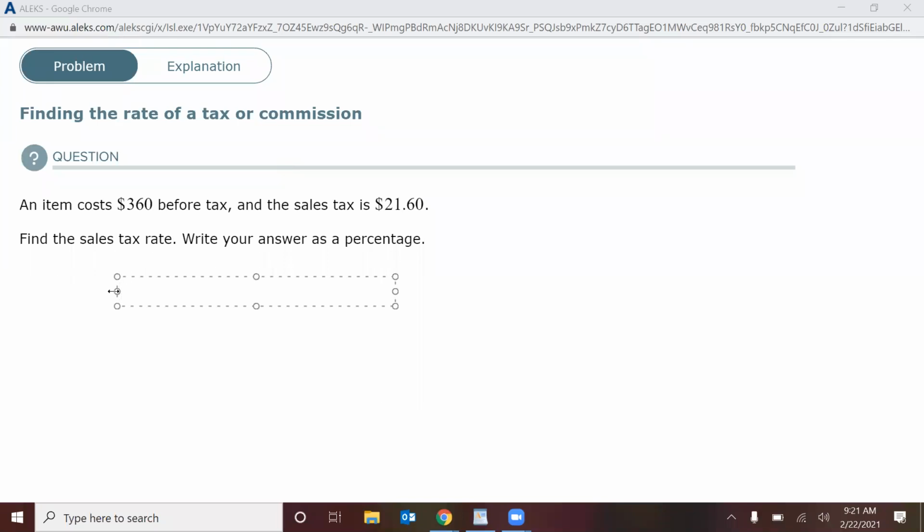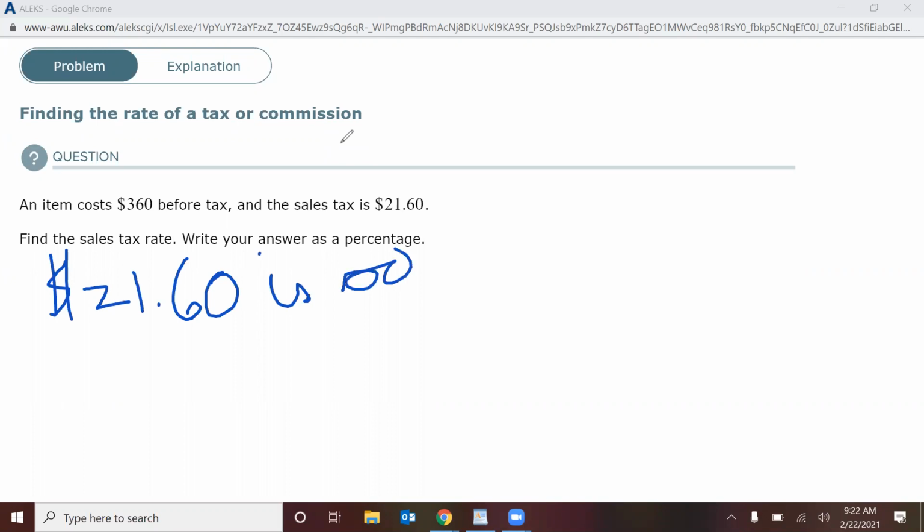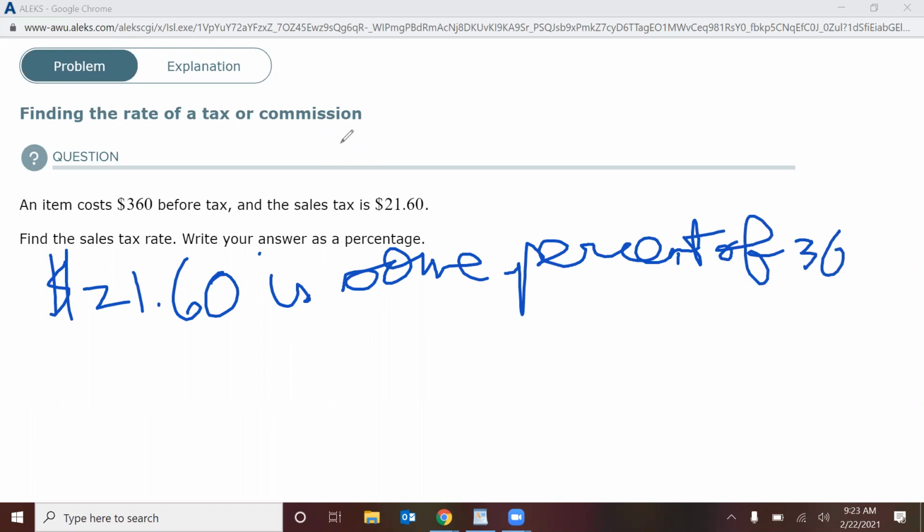Well, I think we can all agree that we could do this. $21.60 is some percent, or, oh, that's bad, of $360.